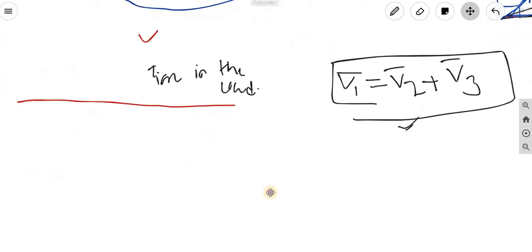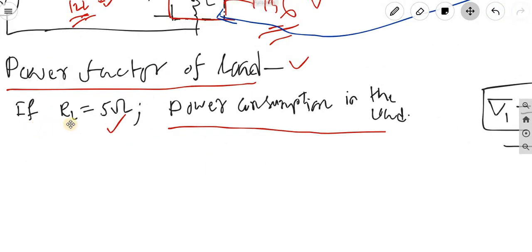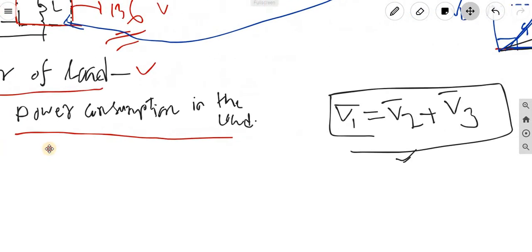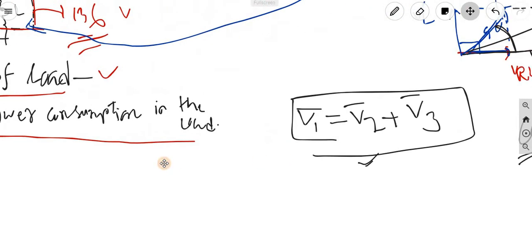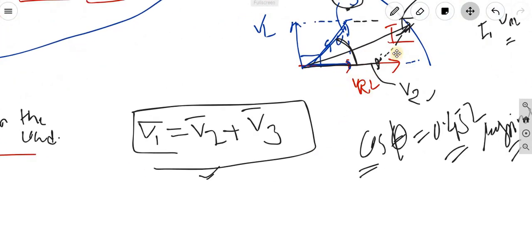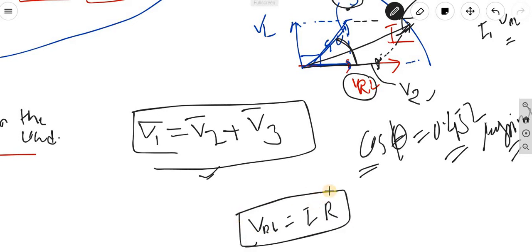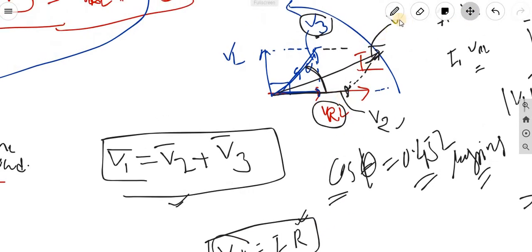Now, if RL is 5 ohm, what would be the voltage drop across RL? VRL would be I into R, and R we know is 5 ohm. How do we get VRL?